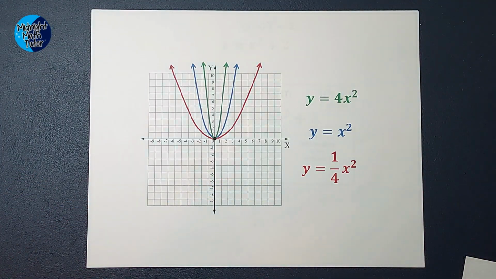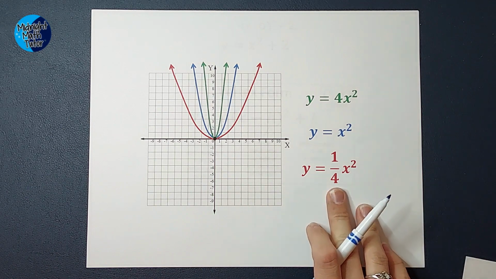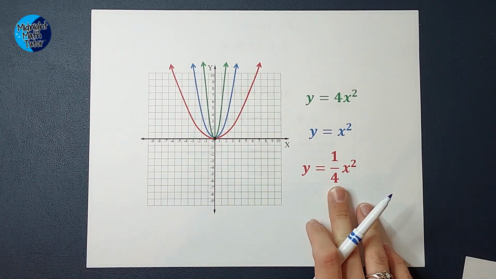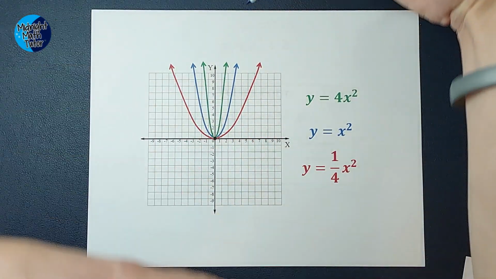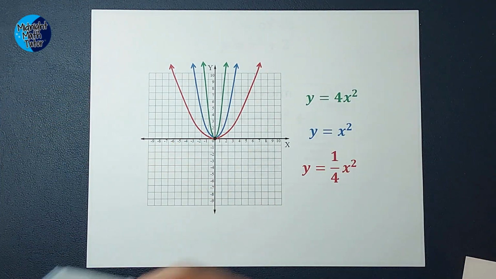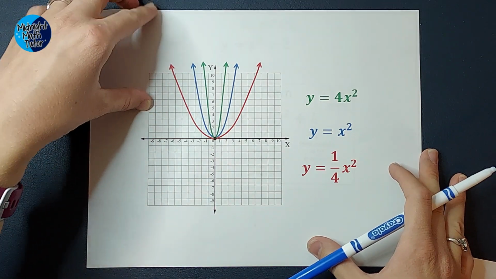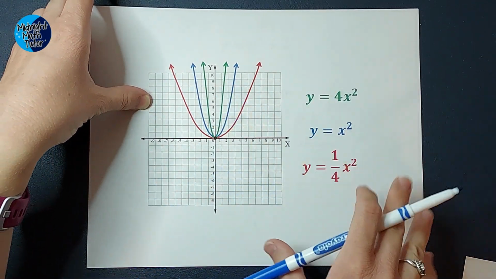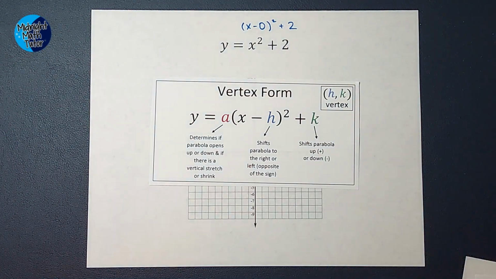And then the red one has a fraction out front, 1/4, and you see how it's wider, and you'll hear the word compressed a lot of the time. It's compressed. So that is how the number out front affects it. Obviously, this one doesn't have it. I'll link a video for you in the corner where I do one like this. But I did want to mention it because it's kind of important, right?